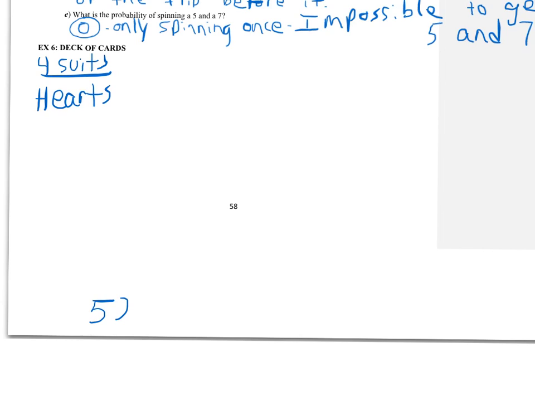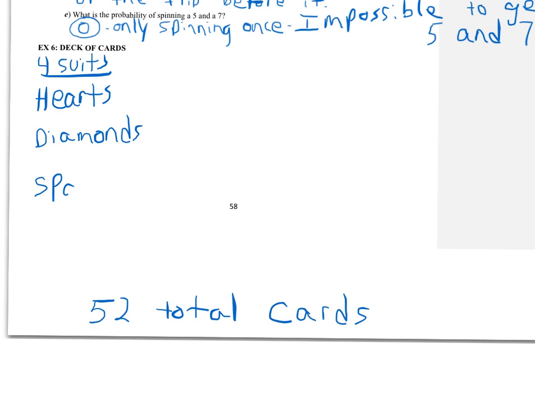Now, let's actually write this at the very bottom here. There are 52 total cards. So you have hearts, you have diamonds, you have spades, and you have clubs.